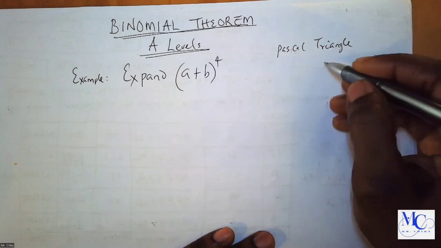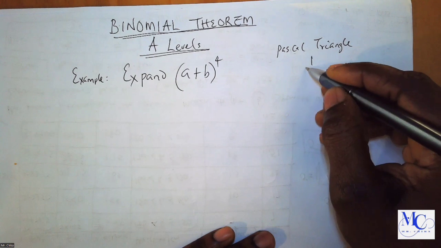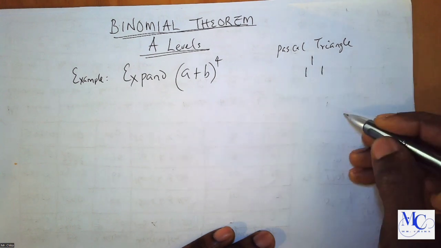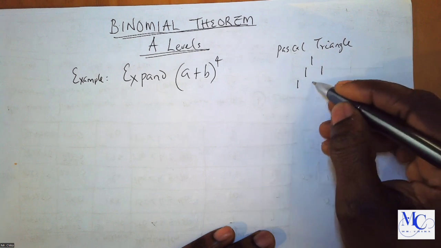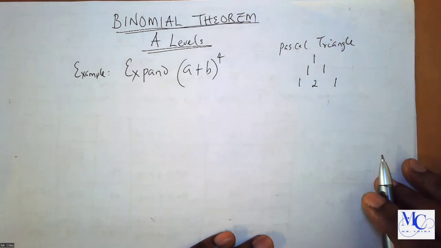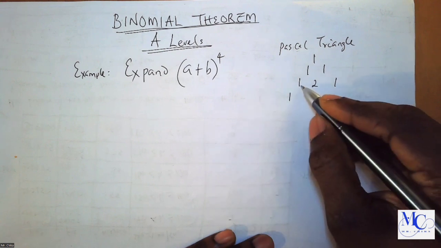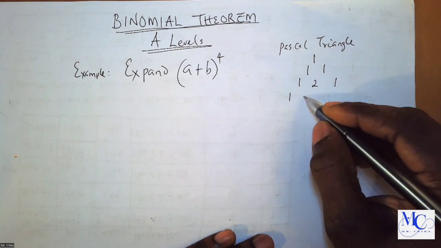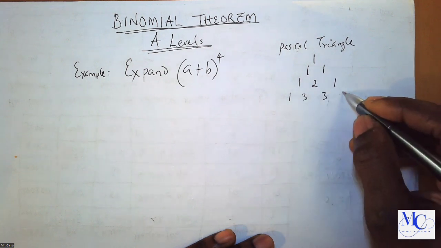The Pascal triangle starts with 1, and the next row is 1, 1. The next row is 1, then 1 plus 1 gives you 2, and then 1. The next row is 1, then 1 plus 2 is 3, 2 plus 1 is 3, and then 1.